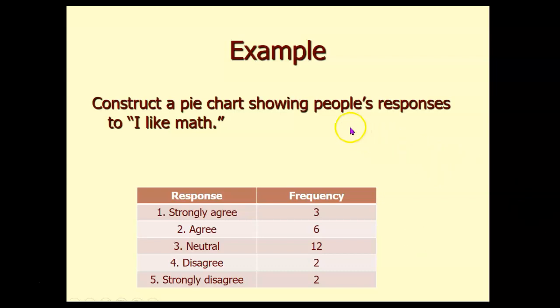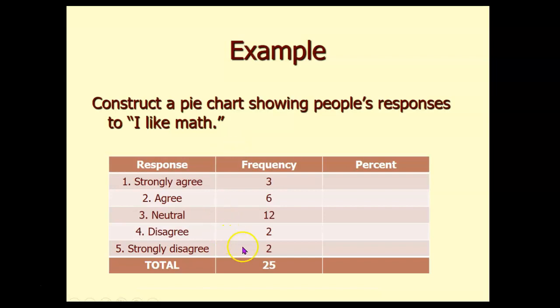If we're doing it ourselves, we are going to need to start by computing the relative frequencies as percents. We need to know what percent goes with each one of these categories. So remember how we did that. There's 25 in all. So if we take each frequency divided by 25 and then convert that to a percent, that's how we do that.